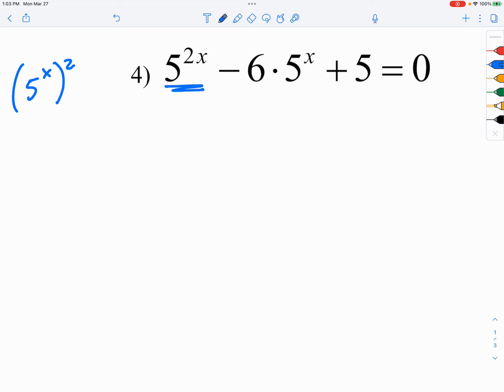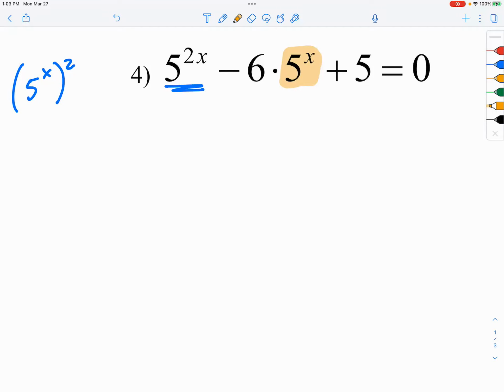Now, how would I know it's 5 to the x and then squared? Why not 5 squared and then raised to the x power? Well, it's because we actually have a little hint right here that's given to us, which is 5 to the x.